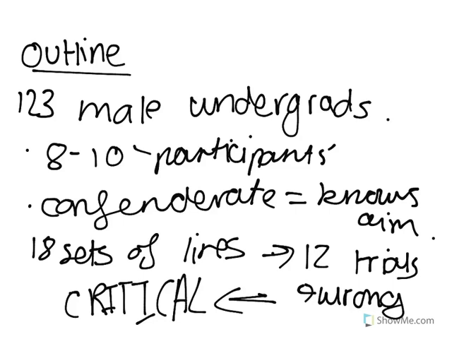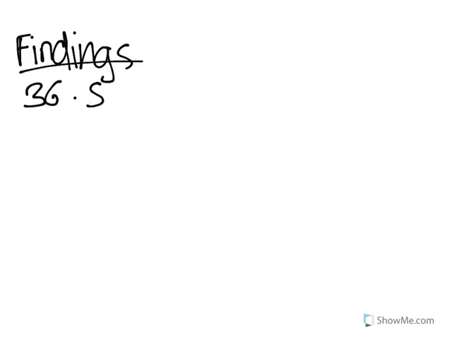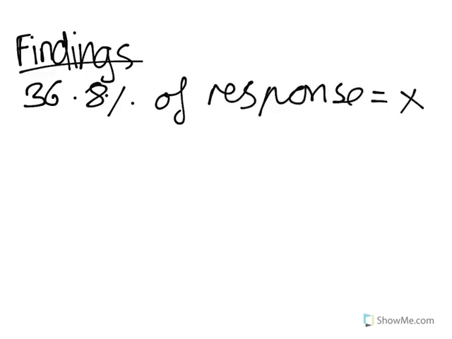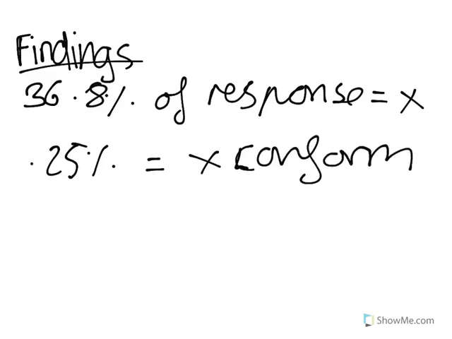And his findings on the critical trials: 36.8% of the responses were wrong, were incorrect. 25% didn't conform, which means that 75% of people did conform at least once.